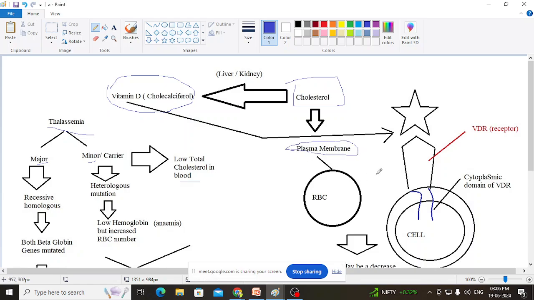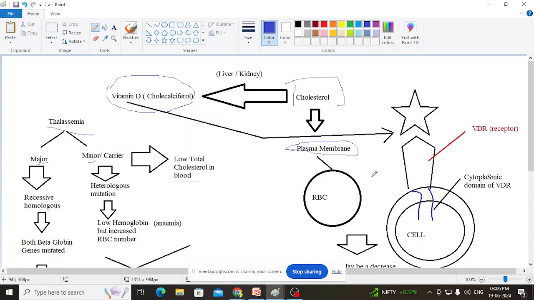Since RBC numbers are increased in thalassemia minor while total hemoglobin is decreasing, there is anemia, but the total number of RBCs is increased. So the cholesterol concentration in the blood decreases, which may lead to deficiency in vitamin D3, because vitamin D3 is nothing but a derivative of cholesterol.